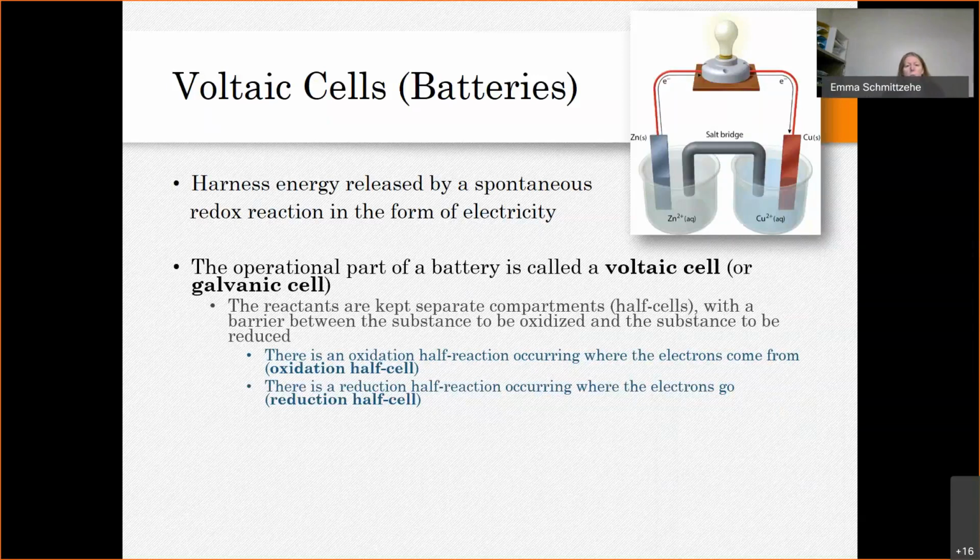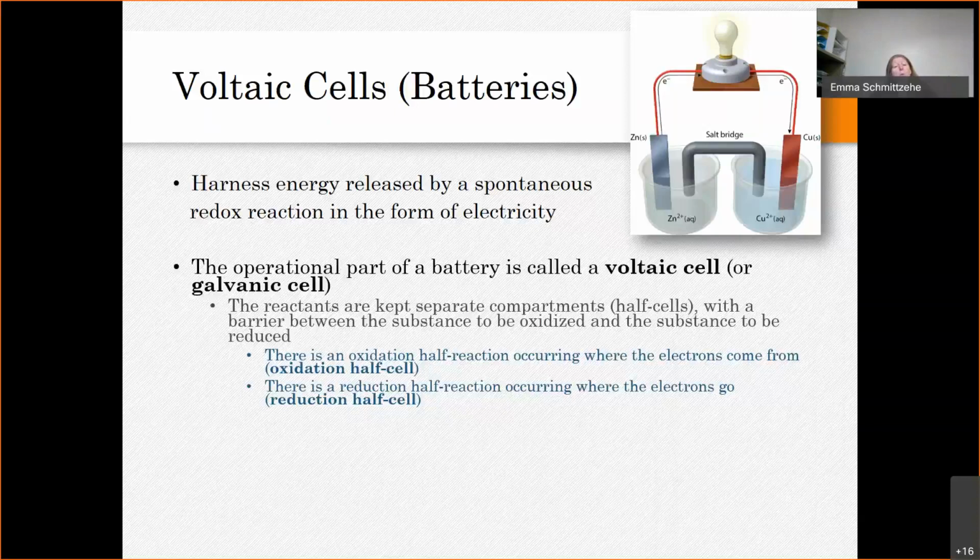So what we do is we put them in two compartments, whether it's two beakers or some other setup. Somehow those reactants are separated into what we would call half cells, okay? And one half cell has whatever needs to be oxidized, and another half cell has what needs to be reduced, okay? And so your oxidation half cell, your reduction half cell.